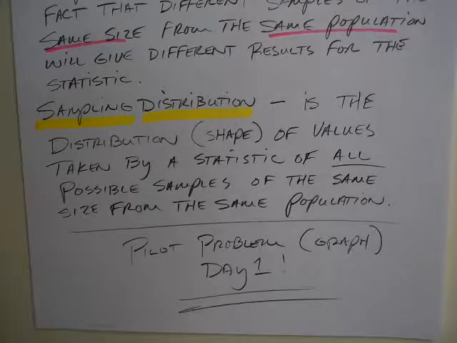And that pilot problem and that graph, we summarized the whole class almost. In many ways, we summarized that whole class on day one. It's really a pretty neat problem. Okay.